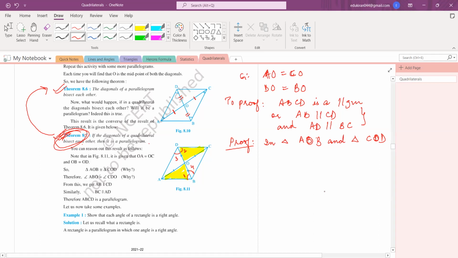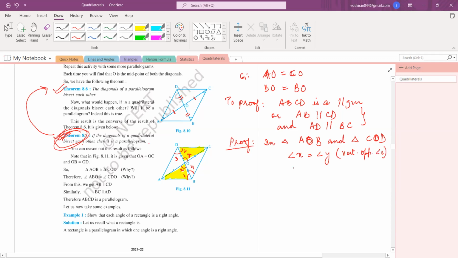So basically you are telling me this angle and this angle, right? Let me call it angle X and angle Y. So angle X is equal to angle Y. Fine. Why? Which criteria, which condition? Vertically opposite angles. Good.